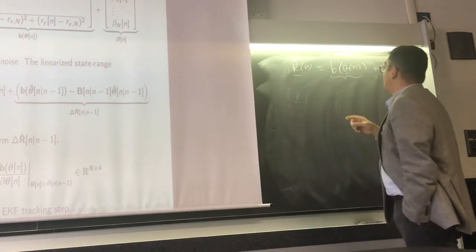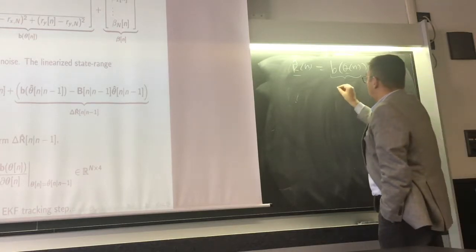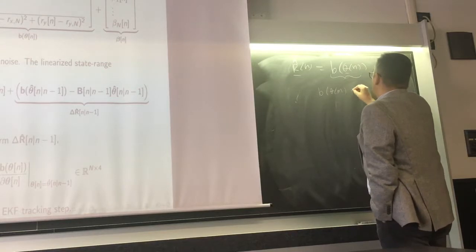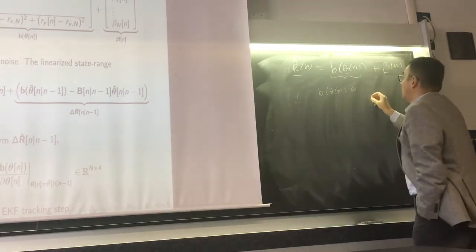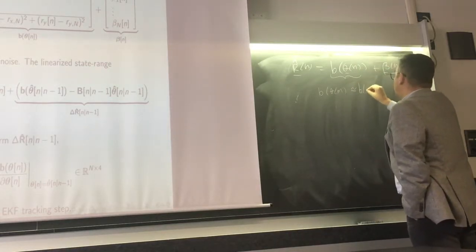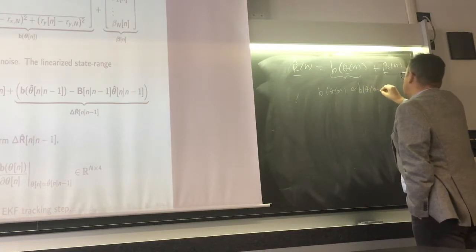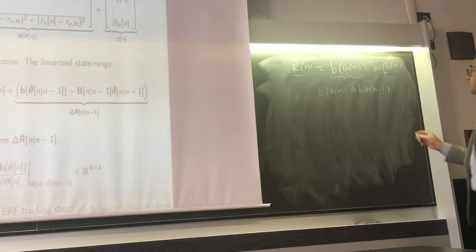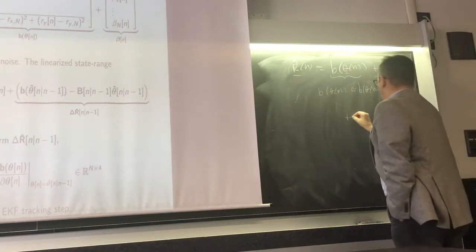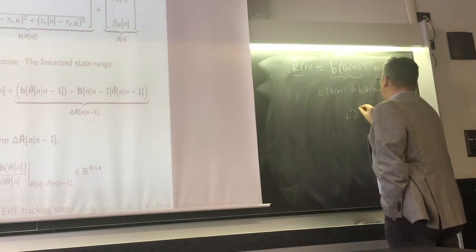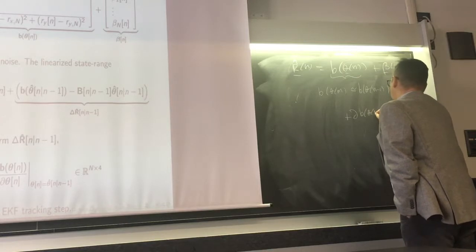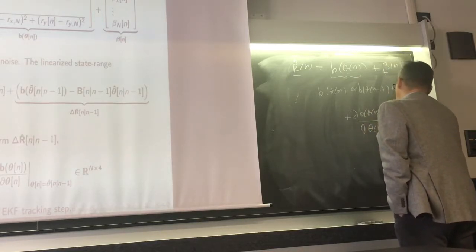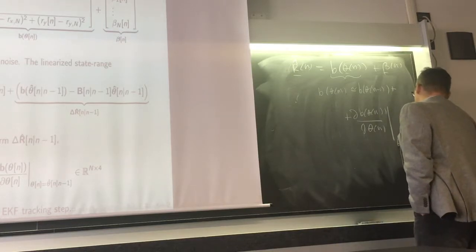This means B of theta n is approximately equal to B of theta n minus 1, which is the state at the previous iteration, plus the derivative of B of theta n with respect to theta n.